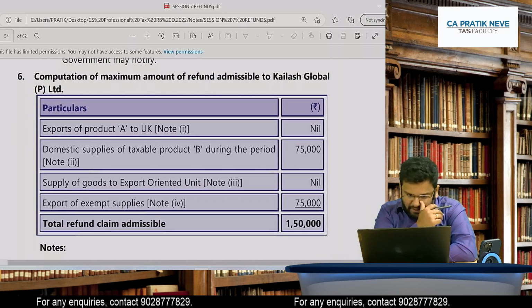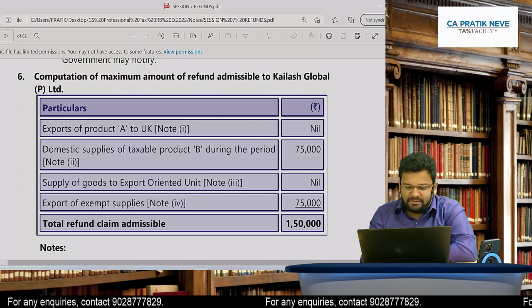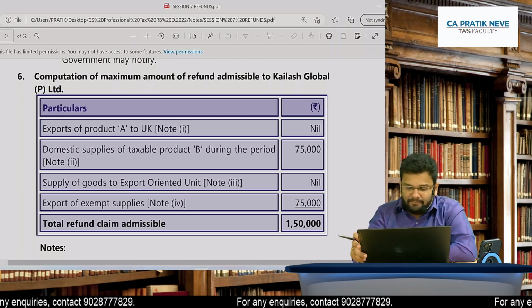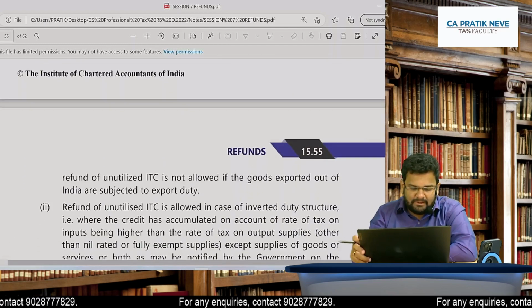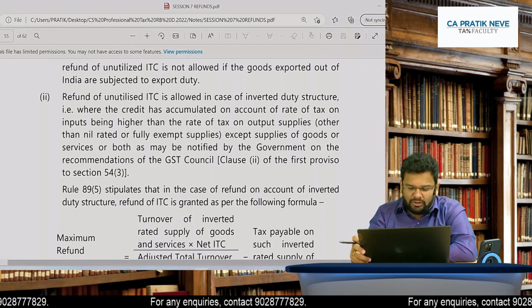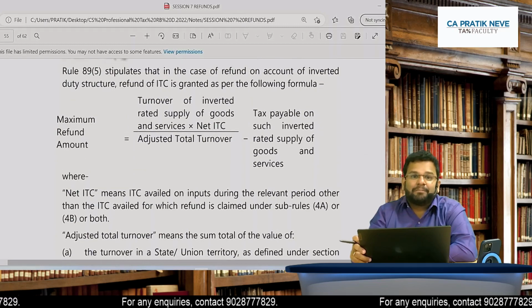75,000 is with respect to export of exempt supplies. And I think there is inverted duty structure also happening.